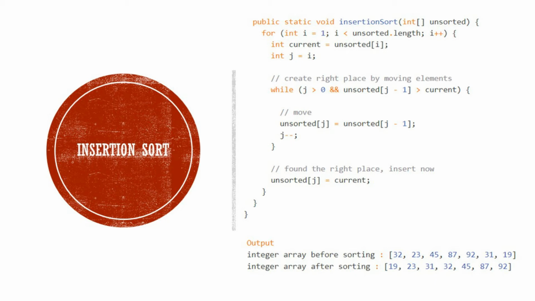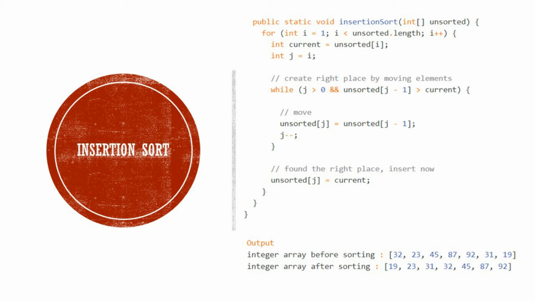For the moving part, the code is unsorted j equal unsorted j minus 1, and then j minus minus. And when it finds the right place, it inserts the current element, so the code is unsorted j equal current.